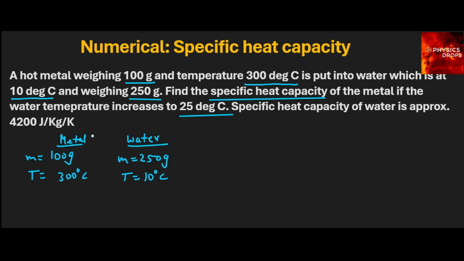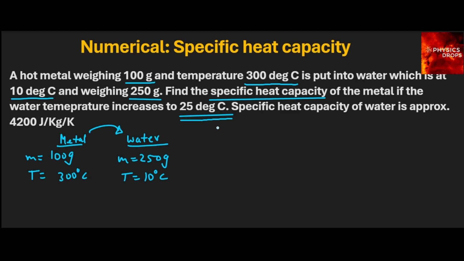Now, when we put this hot metal into water, the metal is going to get cooled down a bit and the water gets heated up. Obviously, as we can see, it becomes 25 degrees Celsius. So all the energy that's getting consumed in heating up the water is coming from the metal. The metal gives out the energy. That means the energy spent by the metal is the energy gained by the water.